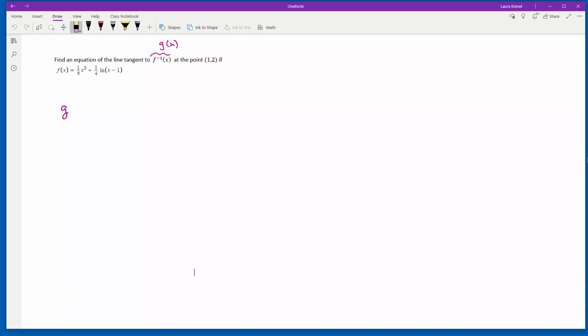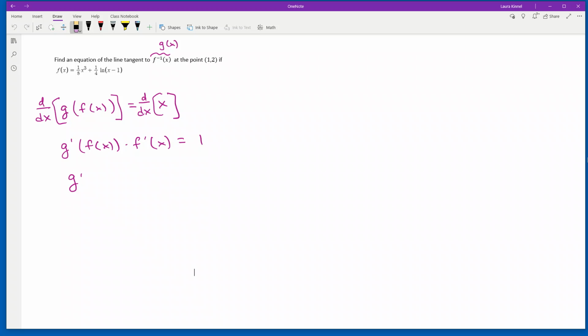So G of F of X, we know if they're inverses, is going to be equal to X. And when I take the derivative of both sides, I get G prime of F of X times F prime of X equals 1. So G prime of F of X equals 1 over F prime of X.